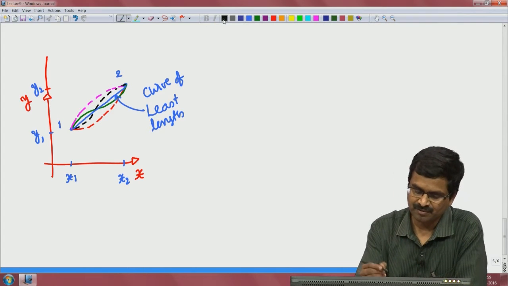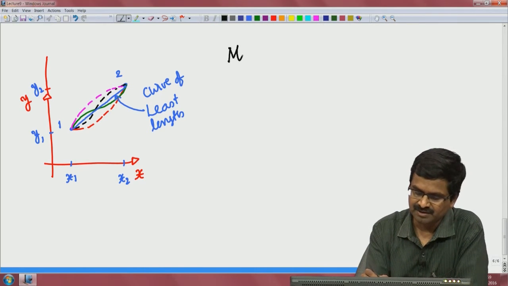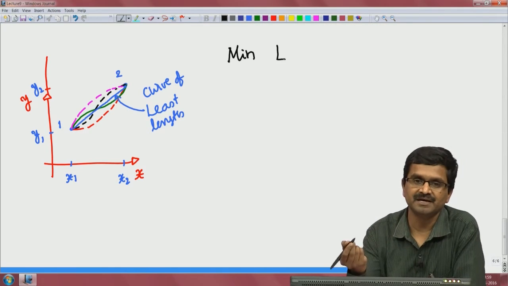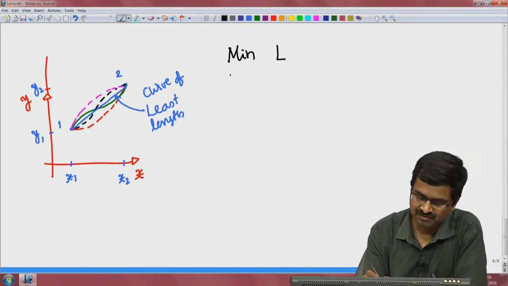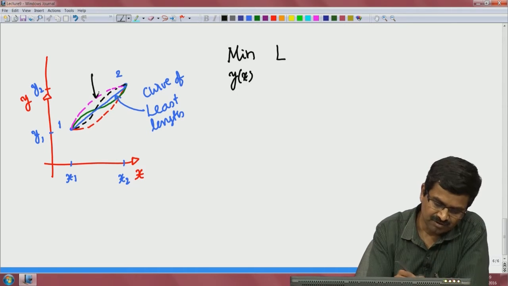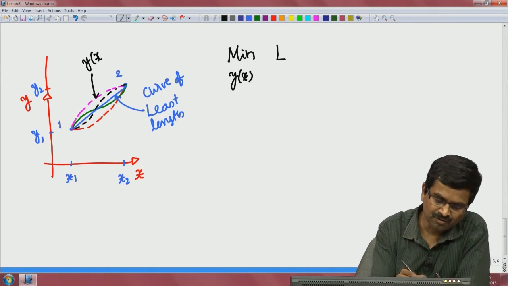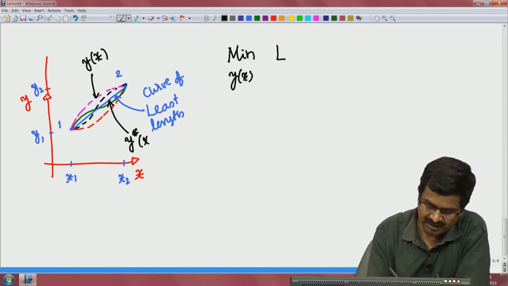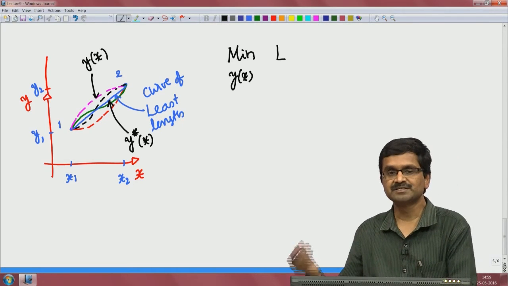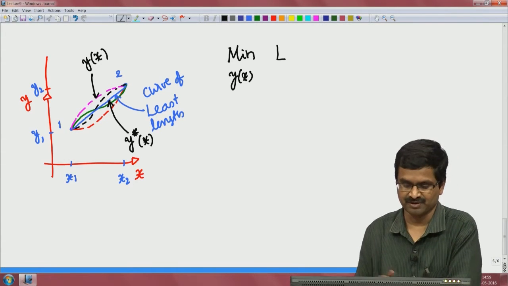How do we pose the problem? We say minimize the length of the curve L, which is the functional, with respect to y of x. Each of these curves will be y of x. We actually know the solution, that this blue one is y star of x, meaning that this one satisfies the Euler-Lagrange equation.